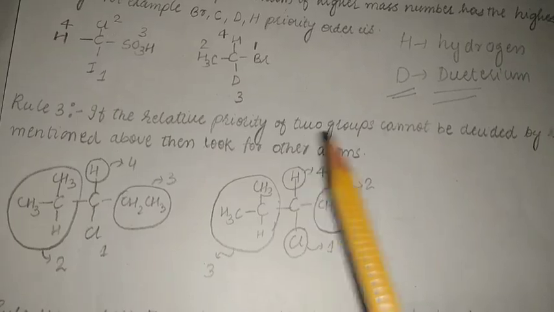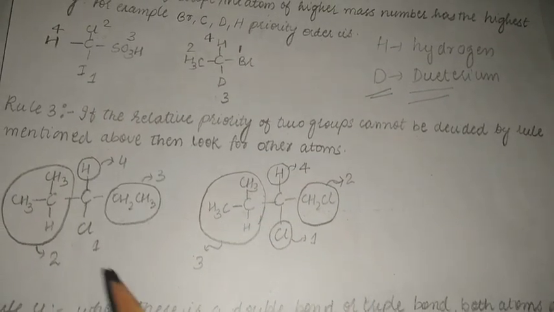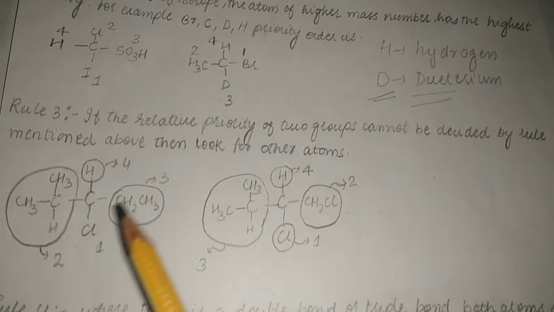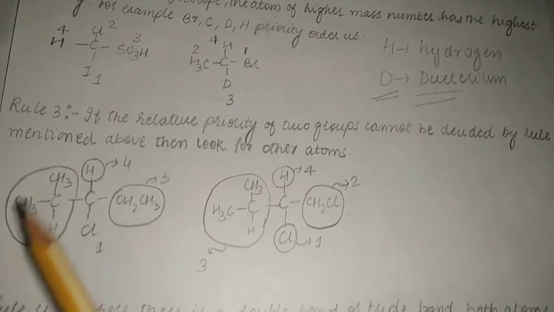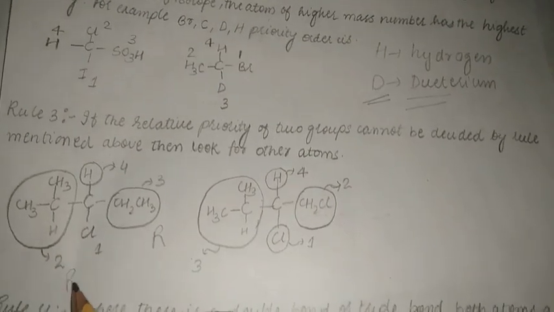Now rule number 3 states that if the relative priority of the two groups cannot be decided by the rules mentioned above, then we look for the other atoms. Suppose the attached atoms are all methyl groups. We can see here it is R and it is R dash.